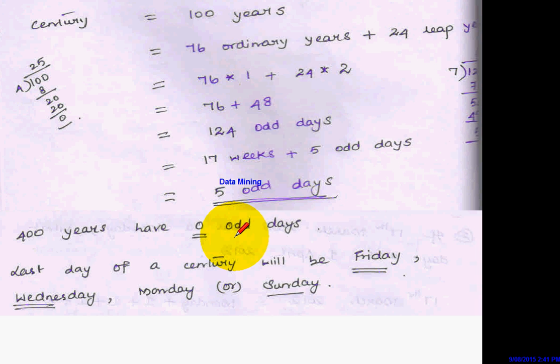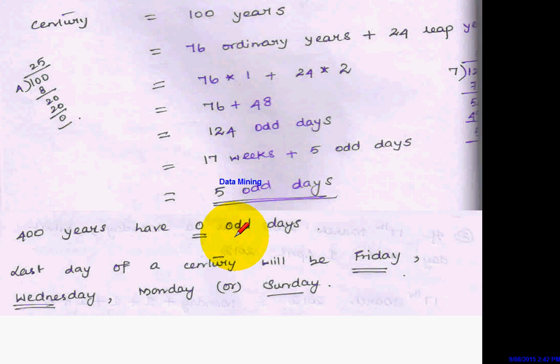But I have excluded the last year, the 100th year, because 100 is not a leap year. That 100th year is not a leap year because it is not divisible by 400. I have already mentioned that if it is a century, then that particular year should be divisible by 400.